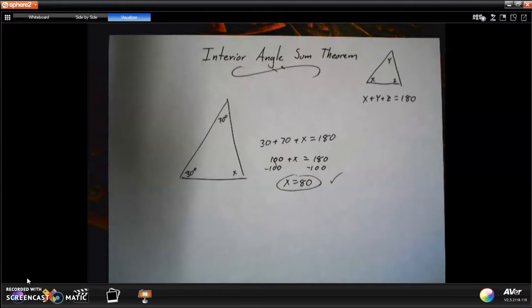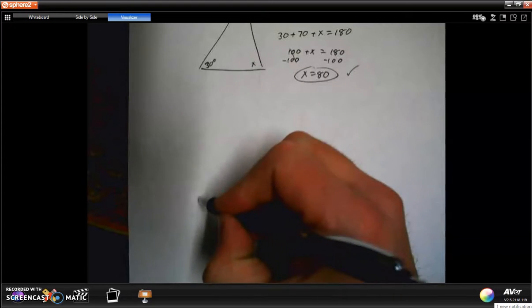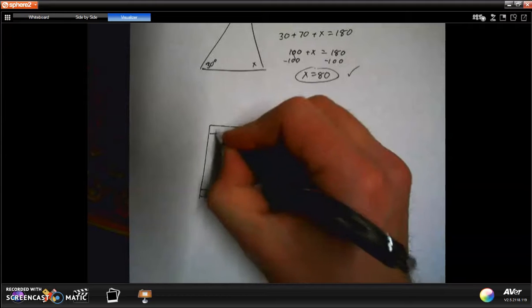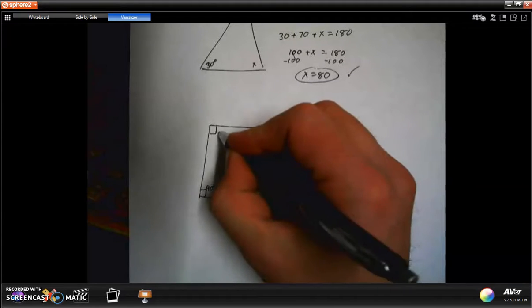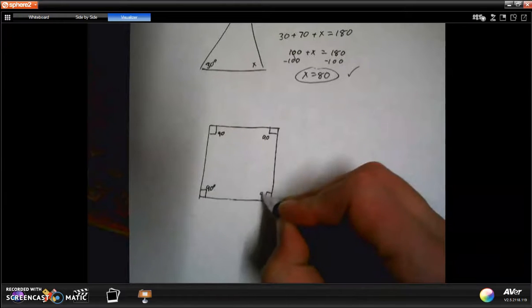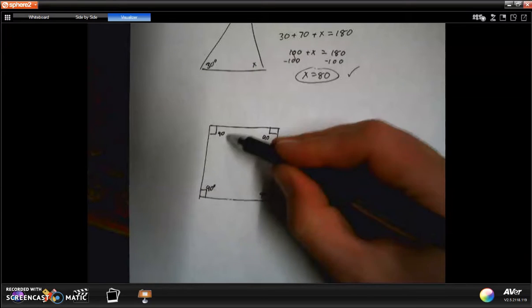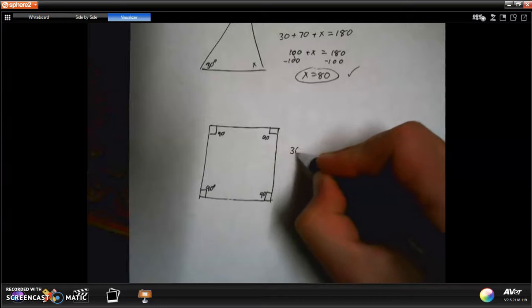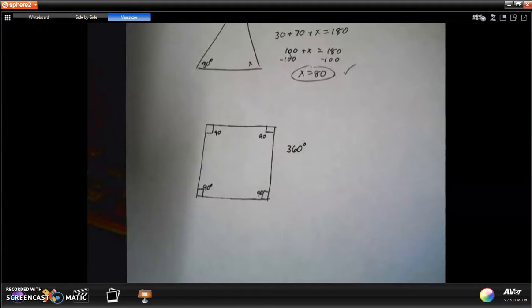Now let me teach you why they add up to 180 degrees. Here's a quick way of doing it. If I take a square where each corner is a right corner, which means each corner is 90 degrees, all the angles of a square add up to 90 times 4, which is 360 degrees. Well, if you remember, a triangle is half of a square or rectangle.